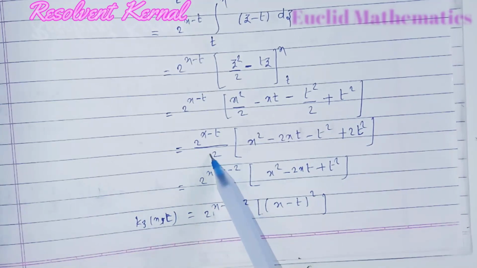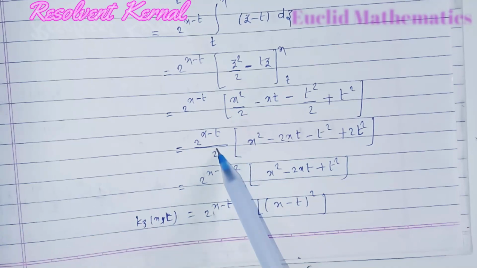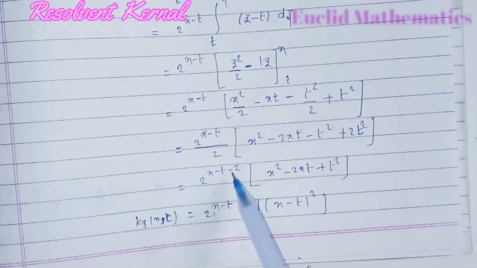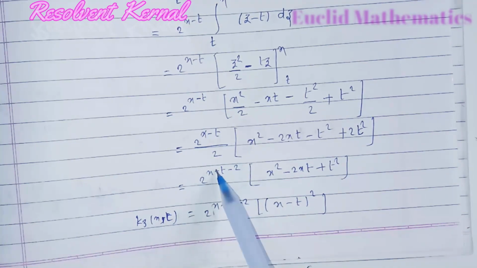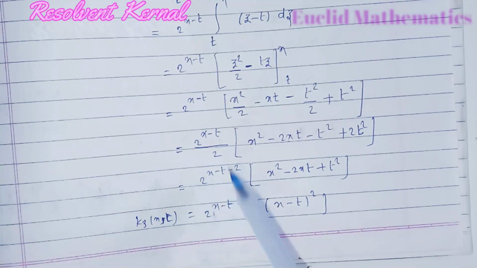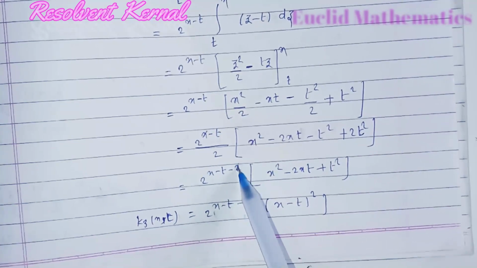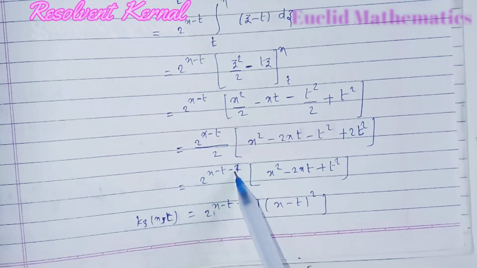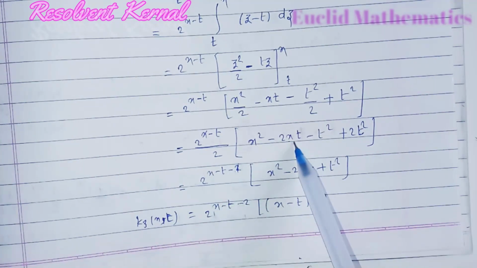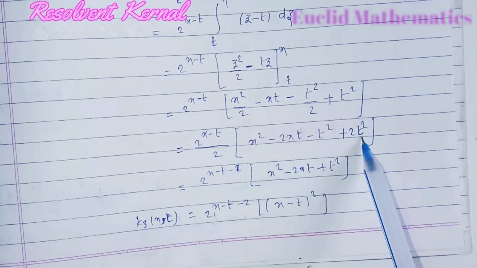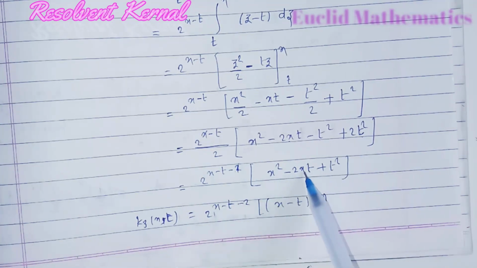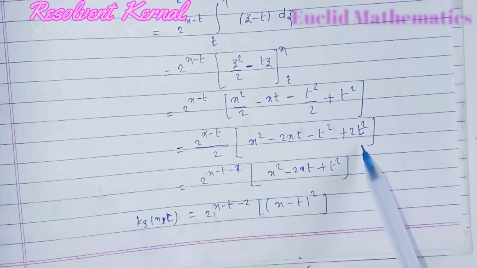So we can see 2 raised to x minus t upon denominator 2. When the denominator goes to the numerator, 2 raised to minus 1 comes. So it gets 2 raised to x minus t minus 1, under bracket x square minus 2xt minus t square plus 2t square.